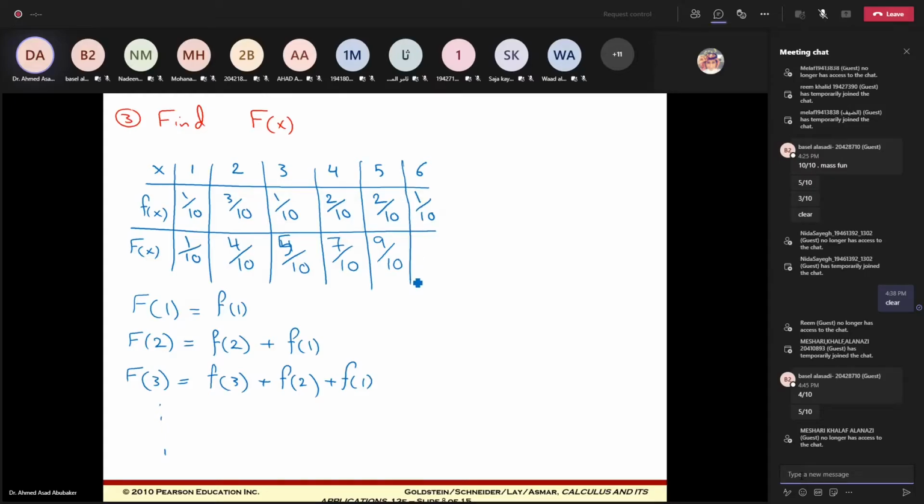The last one must be equal, for example, 10 over 10, 5 over 5, 100 over 100, 17 over 17, must be equal 1. Okay, the last one must be equal what? 1.